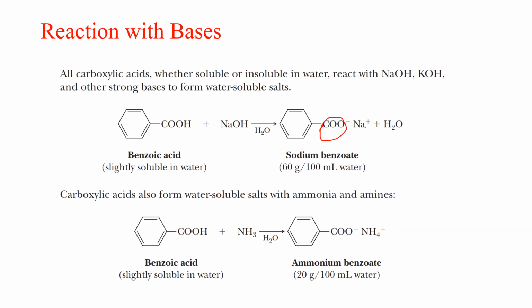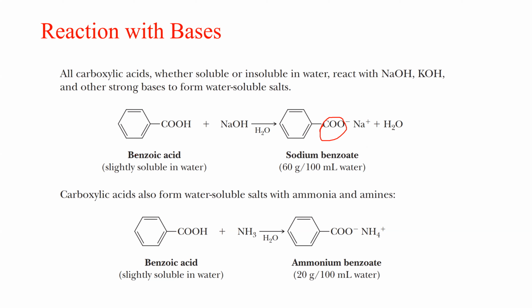We write the inorganic side as a prefix, and whichever is the contributing side of the carboxylate is the parent name. So this is benzene here, so we will see benzo, and there is "ate" for this group. In a similar way, if benzoic acid has reacted with ammonia, it makes ammonium benzoate.